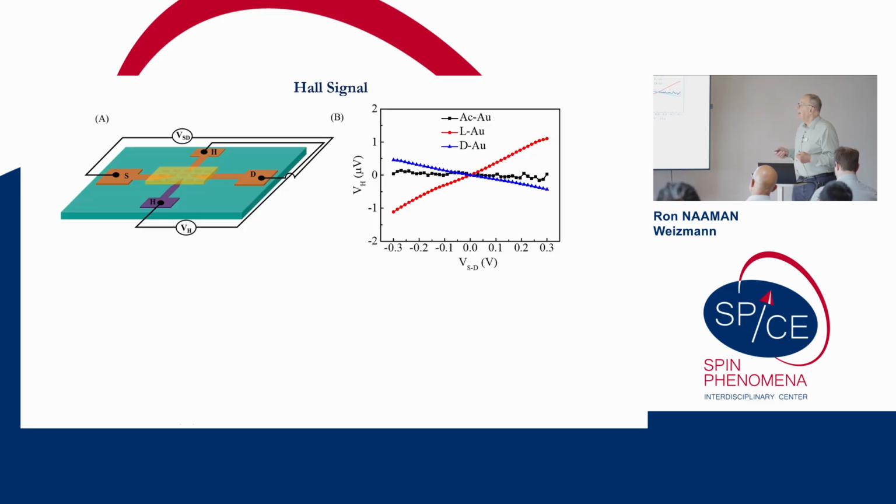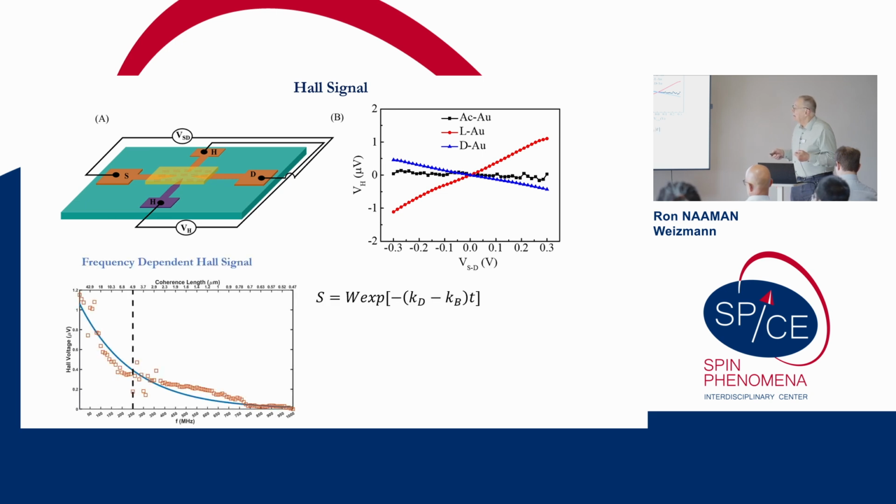And as a result, that's what we get. Here you see frequency-dependent studies that were done on the same material, and you realize that we can fit it to equations that include build-up and randomization of spin.